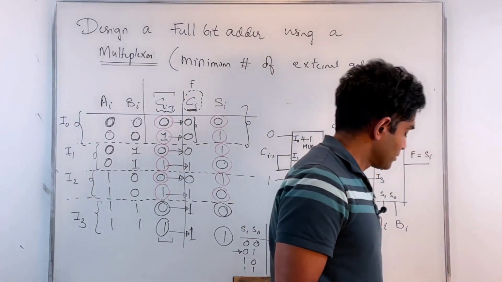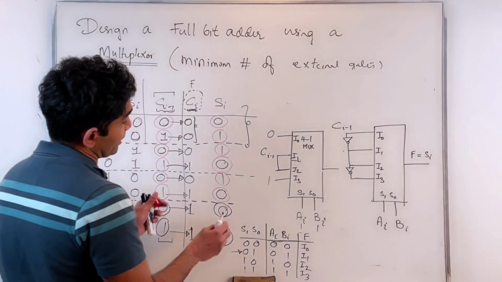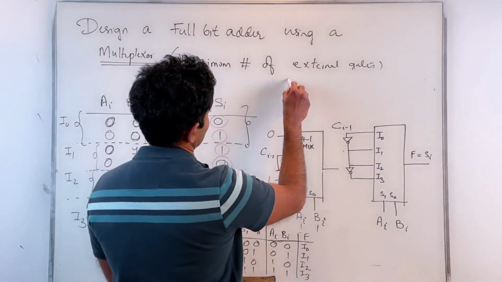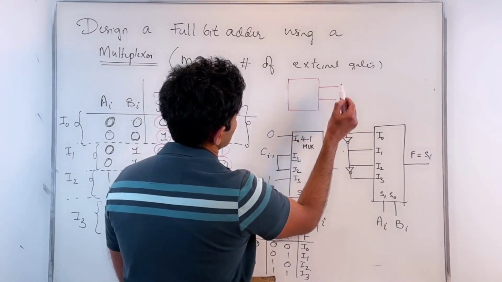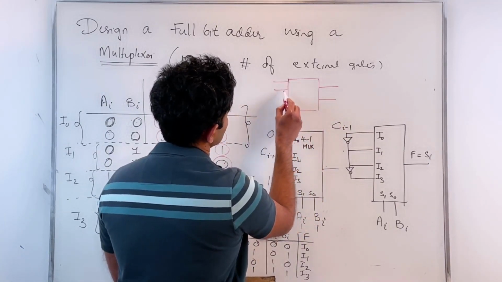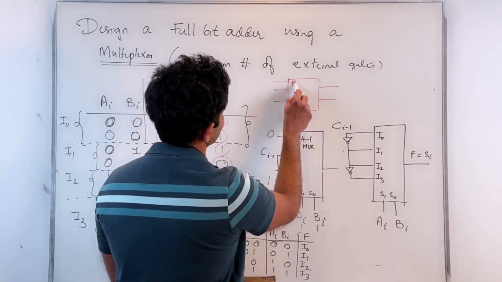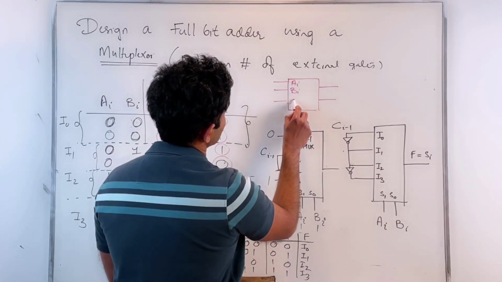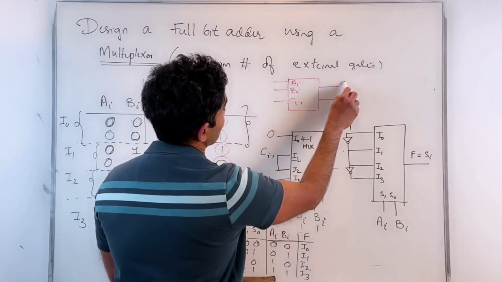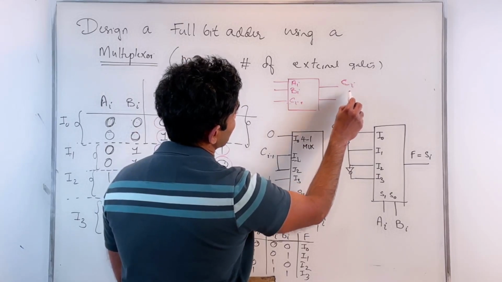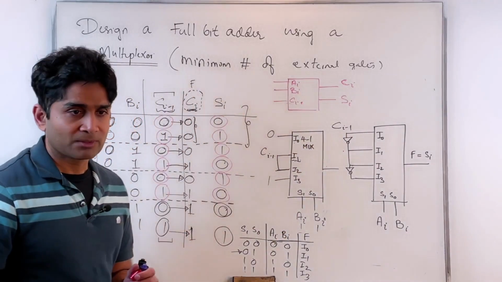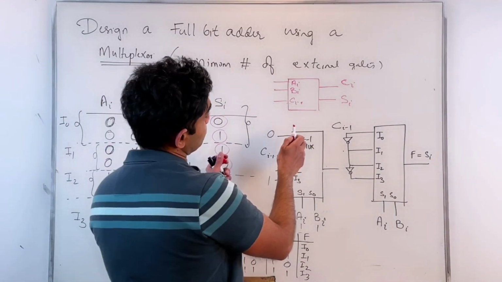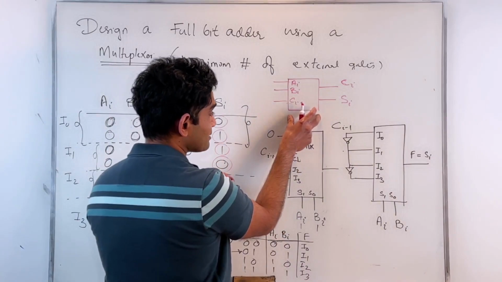Okay. So again, when I say adder, a single bit adder circuit has two outputs and three inputs. In this case, I have Ai, Bi, Ci minus 1, and Si and Ci. So this is what we wanted to design.